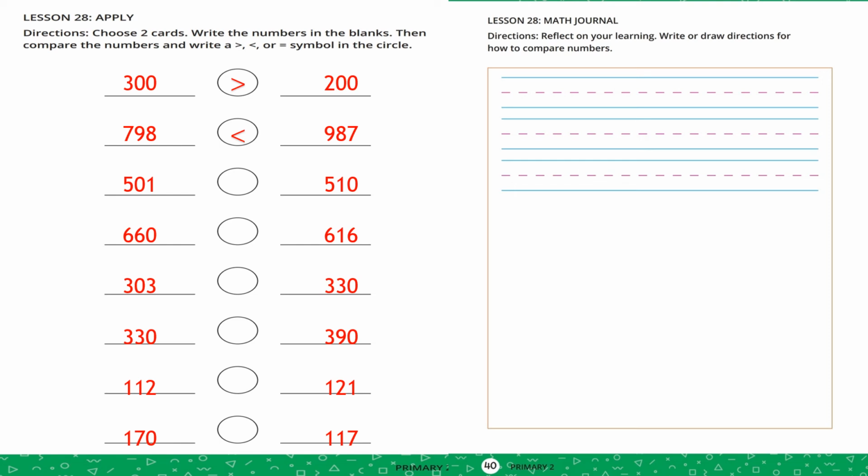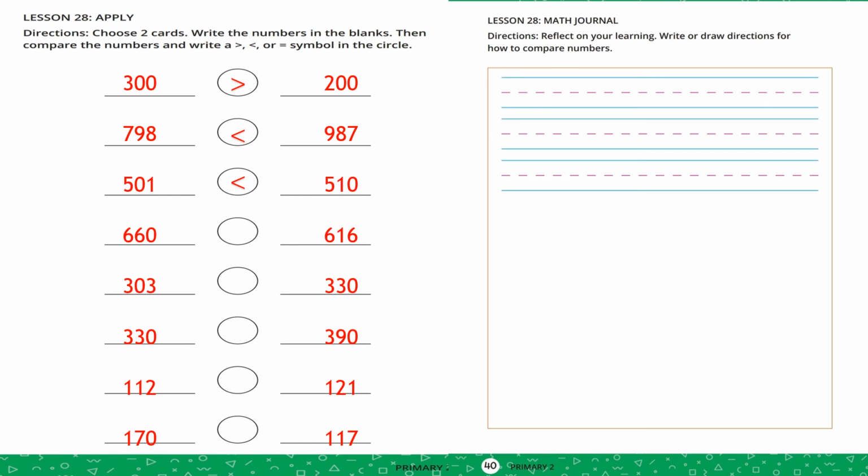501, 510. We have here 5 in the hundreds place and 5 in the hundreds place. They are the same. Then look at the tens place. 0 and 1. Then 501 is less than 510.